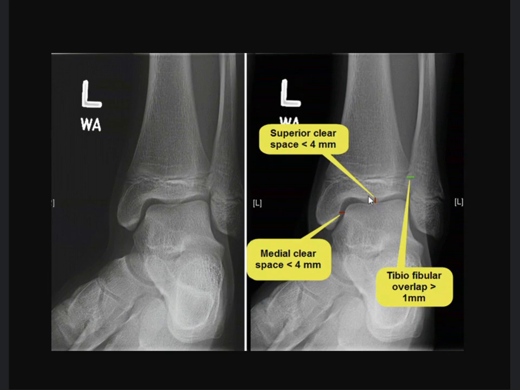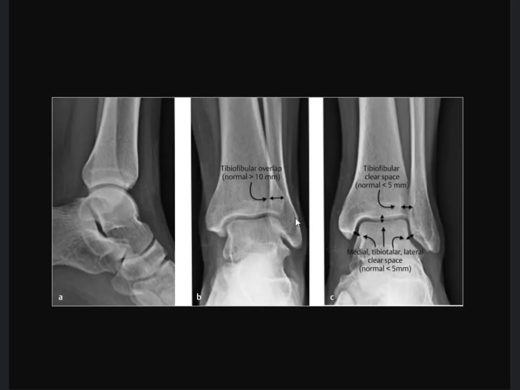And again, we don't want to see significant tilting of the talus here itself as well. And then when we're looking at the AP views, you can see here we want usually more than 10 millimeters. Some documentation shows 6 to 10 millimeters of overlap at this distal tibiofibular space. And then again, less than 4 millimeters of clearance within this medial clear space.